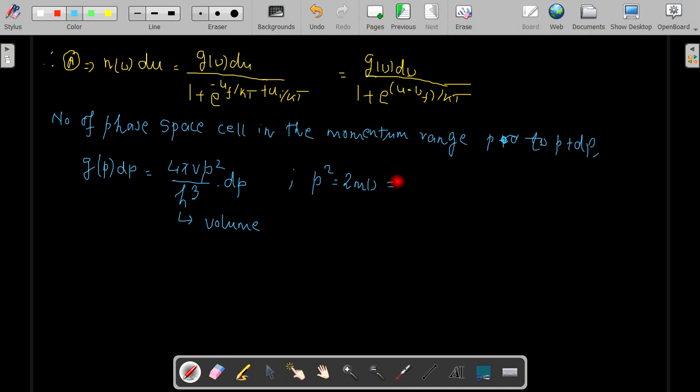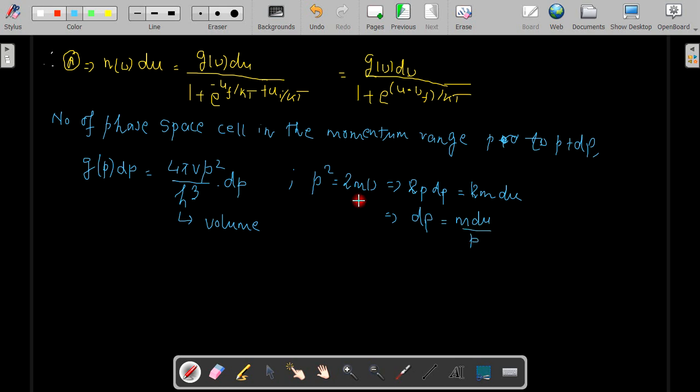If we differentiate both sides, this side would be d of p squared, which is 2p dp, and this side would be 2m du, since 2m is a constant. So this 2 and this 2 get cancelled, and what we have here is p dp equal to m du, or we can write dp is equal to m du divided by p.